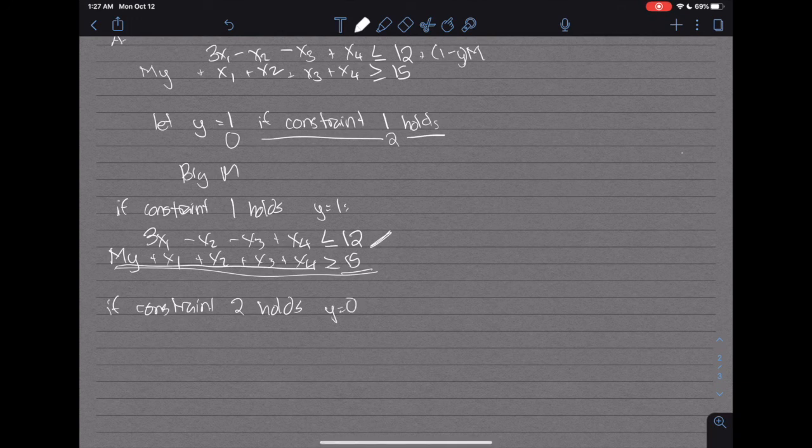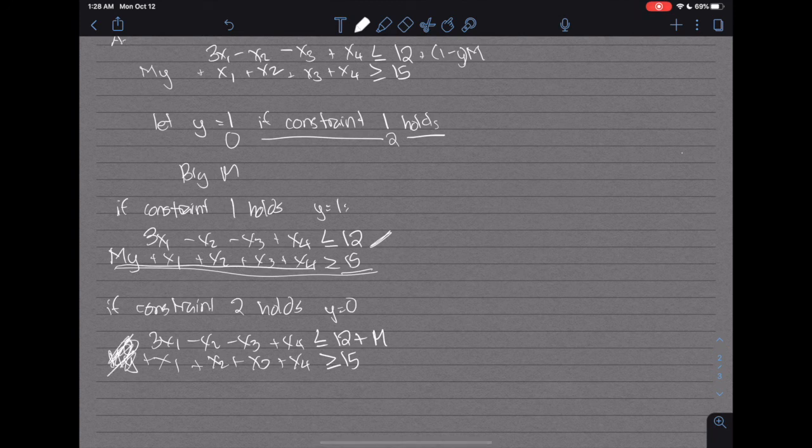Your constraints are 3x1 minus x2 minus x3 plus x4 is less than or equal to 12 plus (1 minus 0) M, or this becomes M. And My, since y is equal to 0, that becomes 0. Let's just write that down for illustration: My plus x1 plus x2 plus x3 plus x4 is greater than or equal to 15. But since y is equal to 0, this becomes 0, and you basically have your original second constraint left.